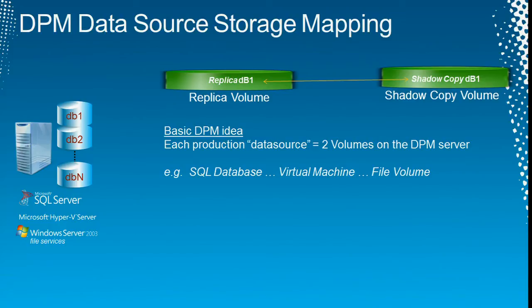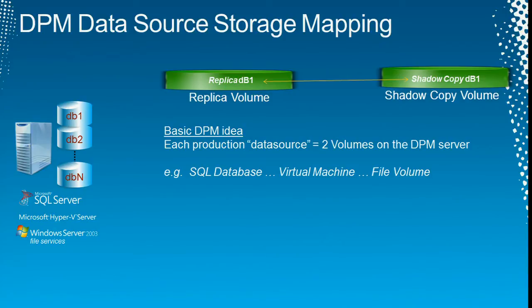Now, let's say you have a protection group with like 5 databases, which is not a lot. These are 5 data sources, meaning you already have 10 volumes. Now let's take this a little bit further, and we have a DPM server that has around 300 data sources, meaning we start with 600 volumes.